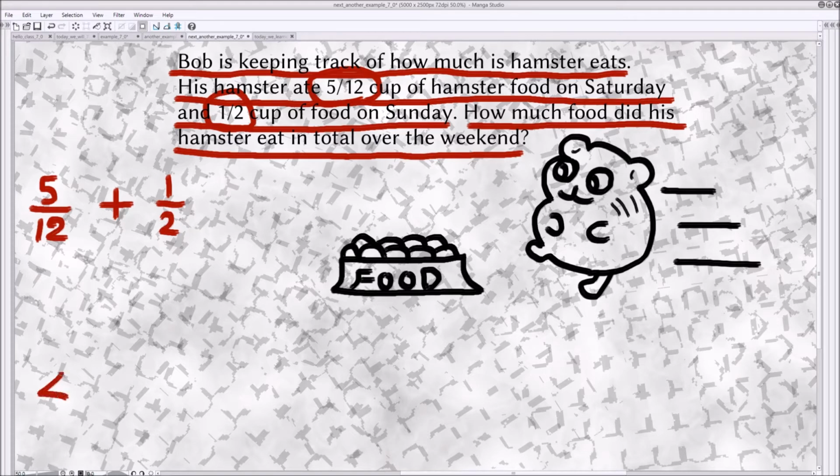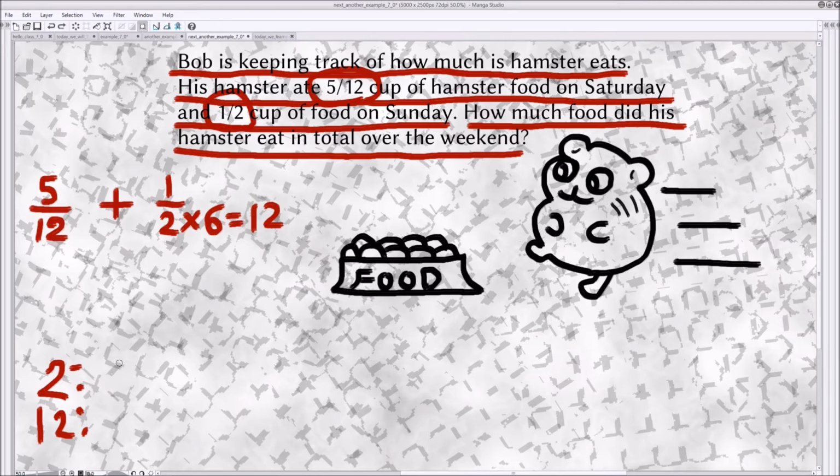And we could go down here and list out our multiples of 2 and 12, but we could also just look right here at the 2 and the 12 and remember some basic multiplication facts. What number times 2 equals 12? It is 6. So 2 times 6 equals 12. And this would give us a common denominator of 12.